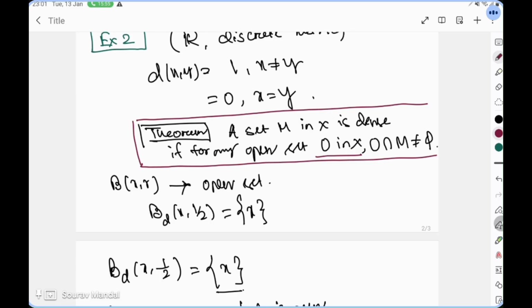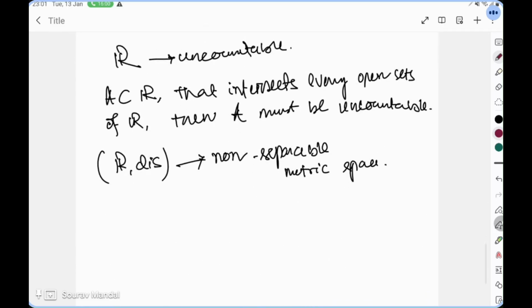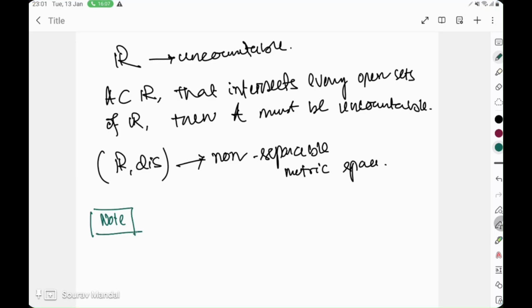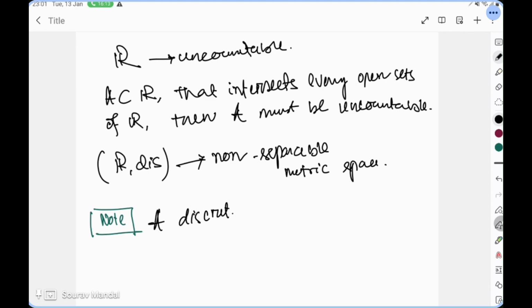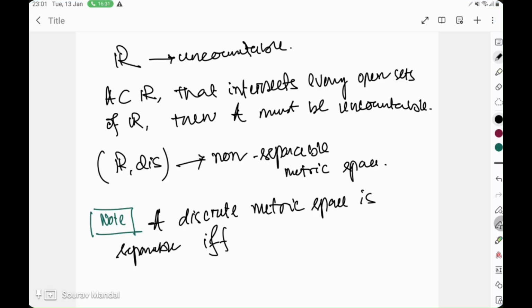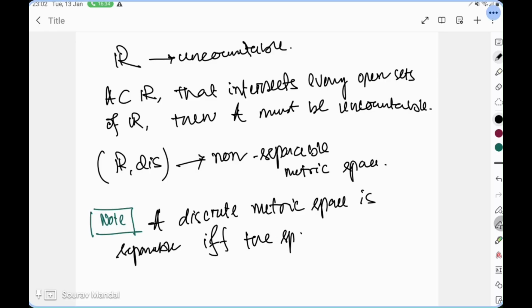That means M intersects every open set in X. Okay, and as a consequence of this example, you can say that a discrete metric space is separable if and only if the space is a countable set.